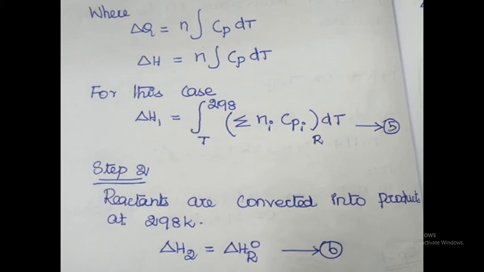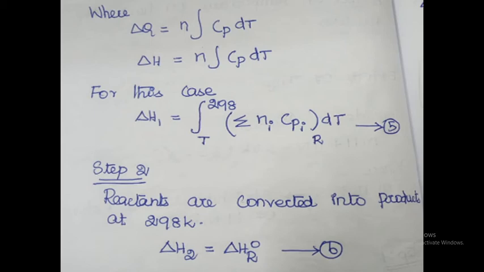So delta H1 is equal to the integration from T to 298 of the summation of Ni into Cpi at R into dT. This is equation number 5. Why do we use the summation here? Refer to the previous slide. Our chemical reaction has more than one reactant.